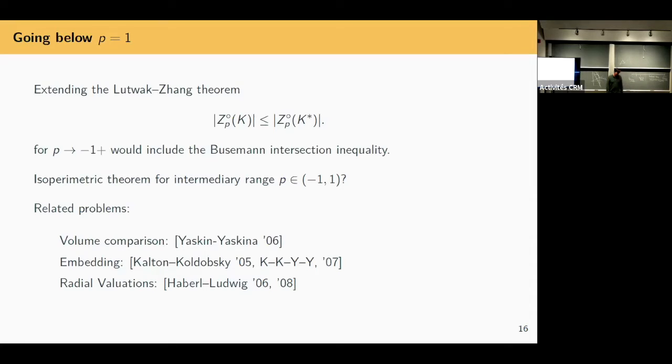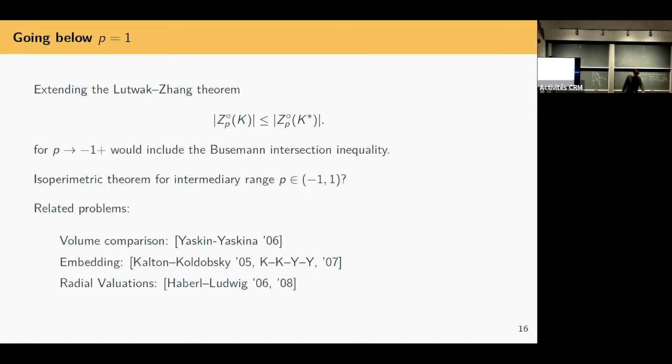Many of these questions have an older history, in the sense that you can think about origin symmetric convex bodies as unit balls of Banach spaces, and there are old questions about isometric embeddings of LP spaces or isomorphic embeddings of LP spaces. These questions have also been asked since the 20s, going back to Levy, Khinchin, Bochner, about embedding in LP spaces even when P is less than 1. This will make an appearance later in the talk.